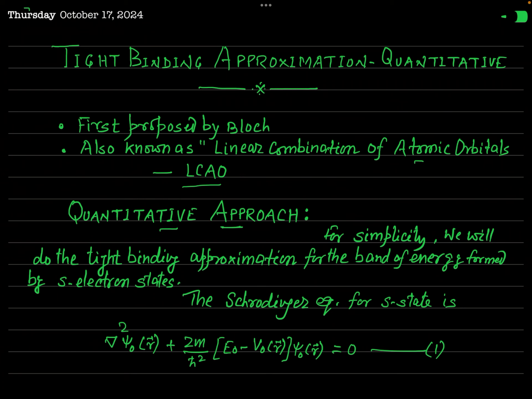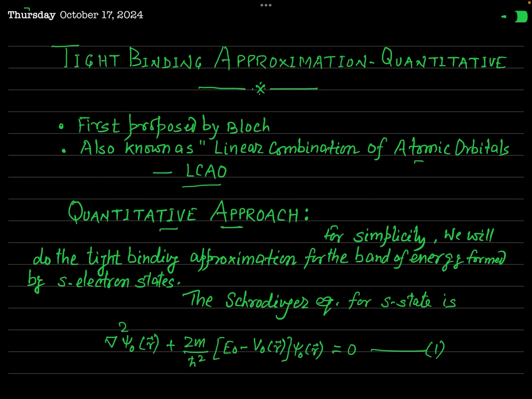We have seen that if there are n atoms whose wave functions overlap, then each energy level of an isolated atom is split into energy levels whose number is equal to the total number of atoms.